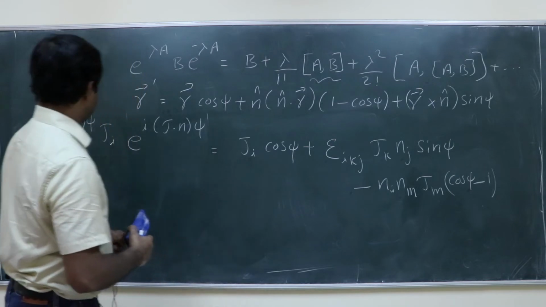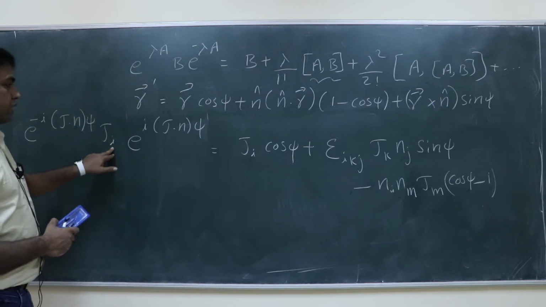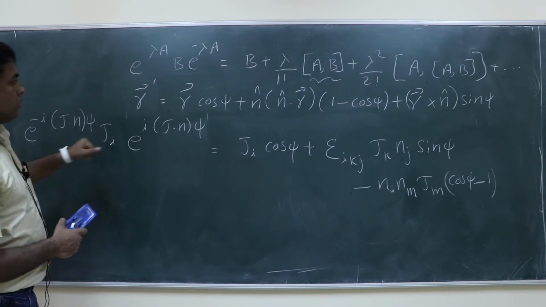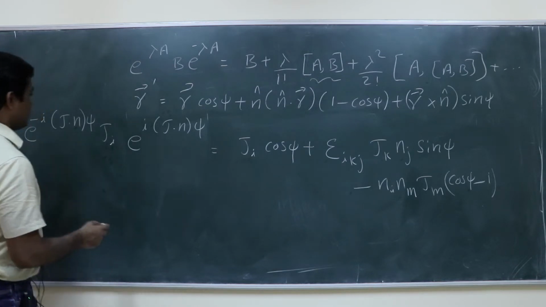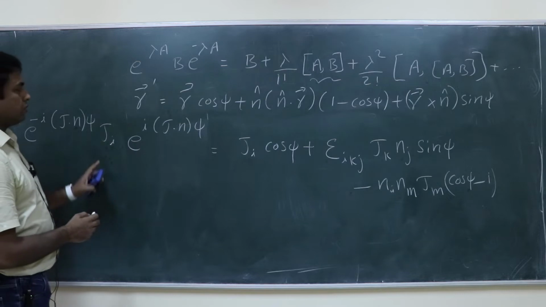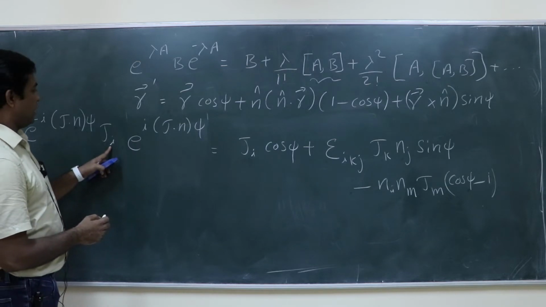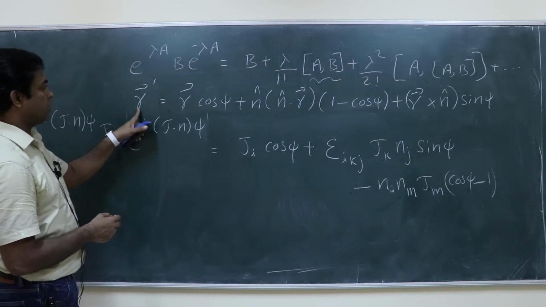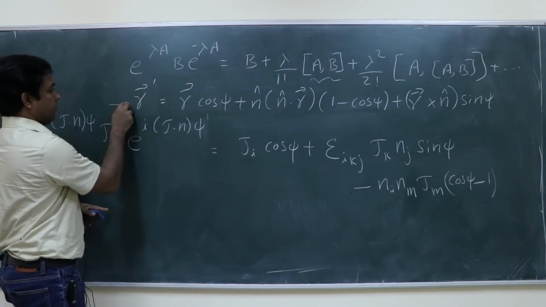Okay. So this is for the component j_i. For the vector, we can actually write down the answer because you just replace j_i with the vector j, transforming like the vector r.